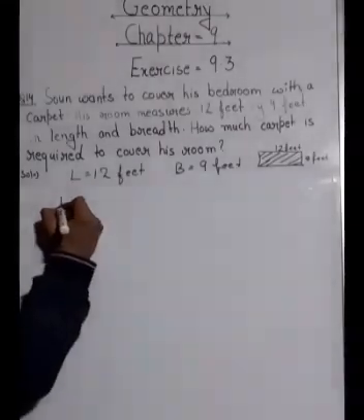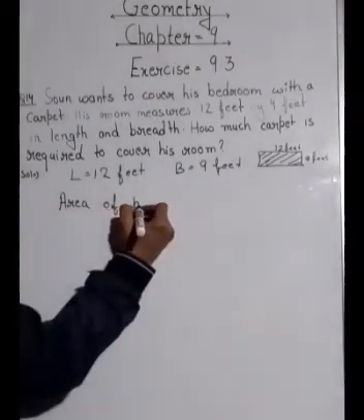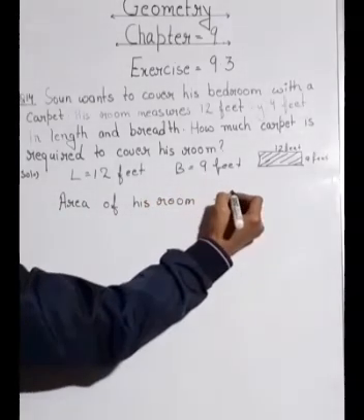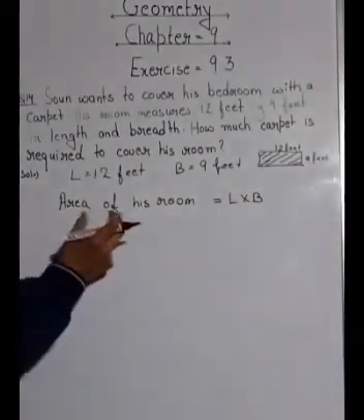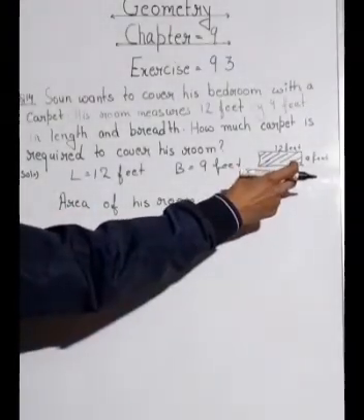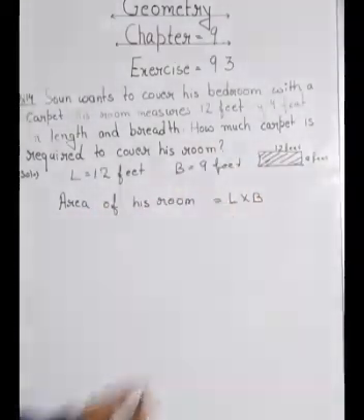So you will write area of his room is equal to L into B. Why have I written area of his room is equal to L into B? Because his room is in the shape of a rectangle and the area of a rectangle is always given by length into breadth.